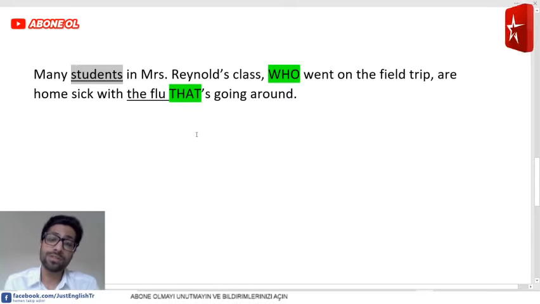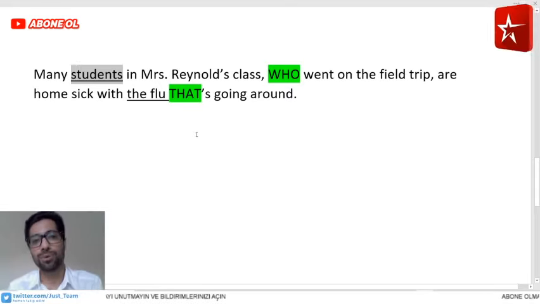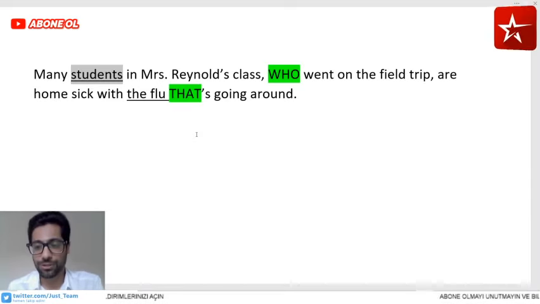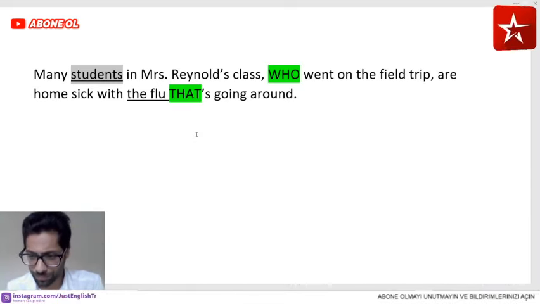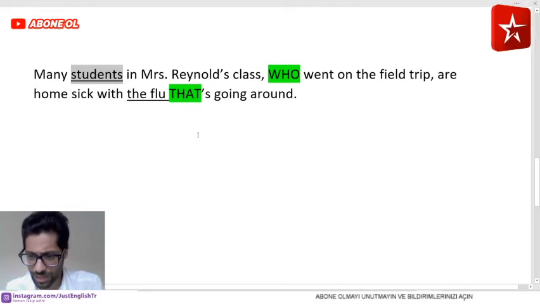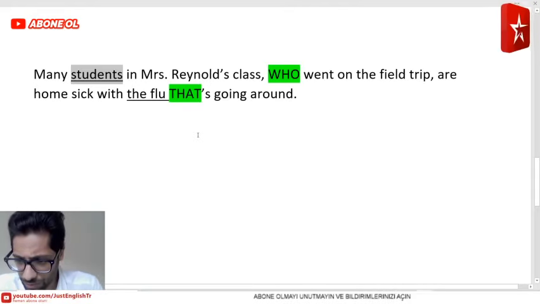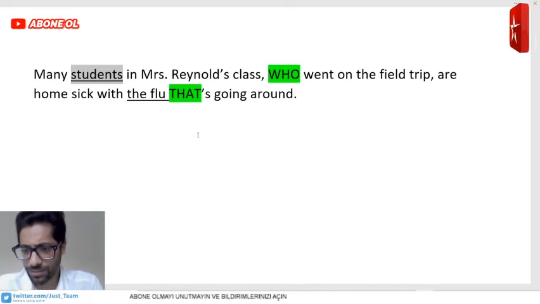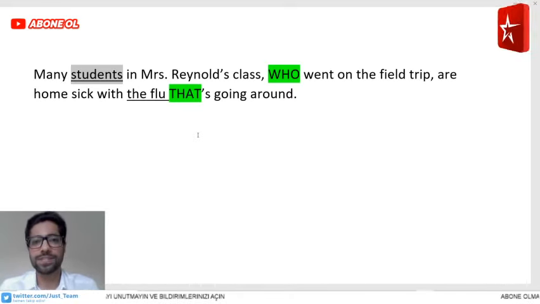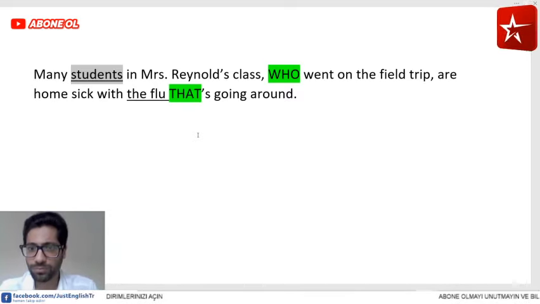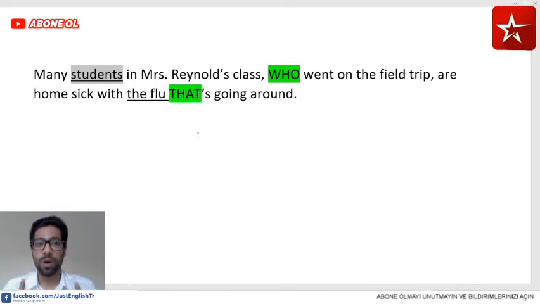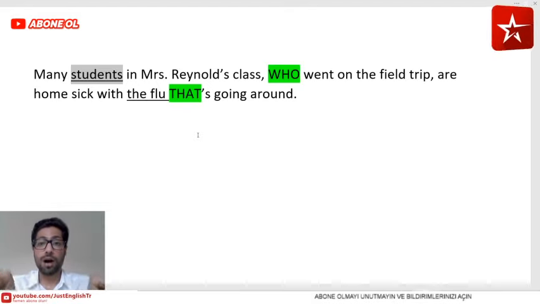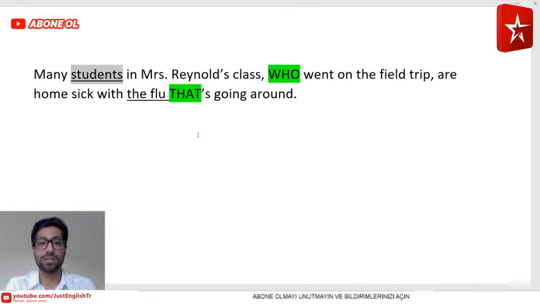Now, how do I know this? Because understanding is important. Many students, let's see here, we have Mr. Adil. Many students were in Mrs. Reynolds' class. You can say that. That's reorganizing the sentence, no problem. However, remember, you have a whole sentence.